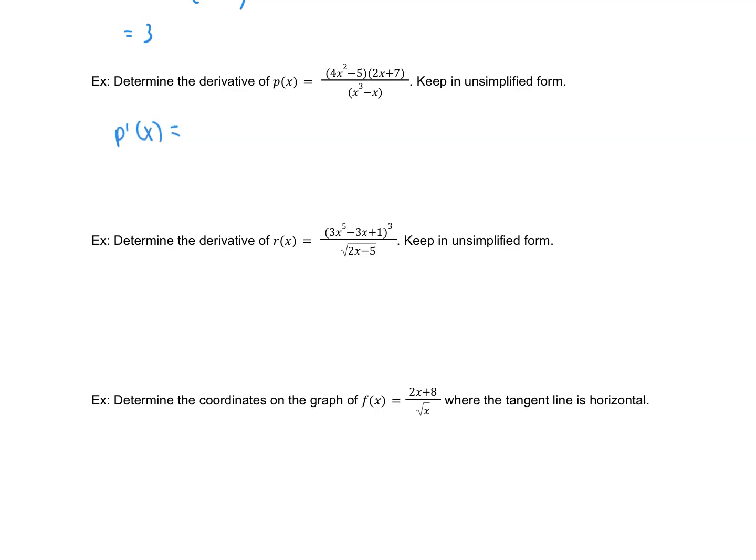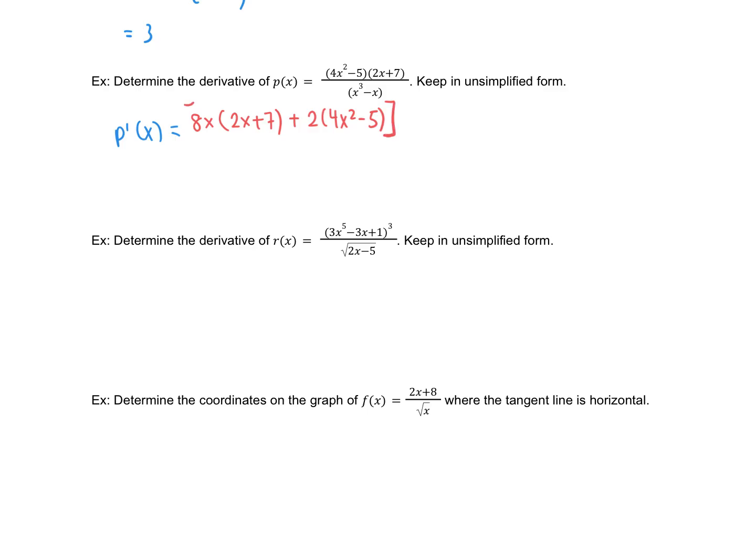So I'm going to start off by taking the derivative of the numerator, and the numerator has a product rule. So the product rule says take the derivative of the first function, here it is, copy paste the second function, plus the derivative of the second function, which is 2, copy paste the first function.